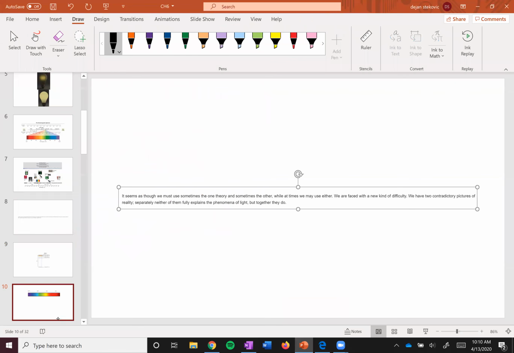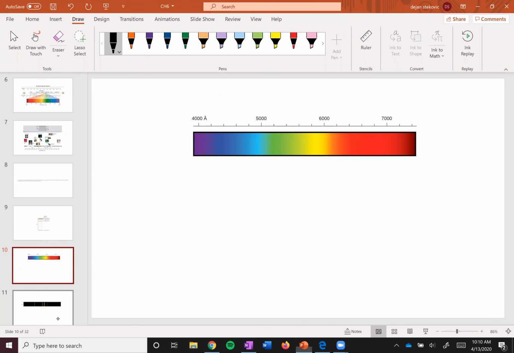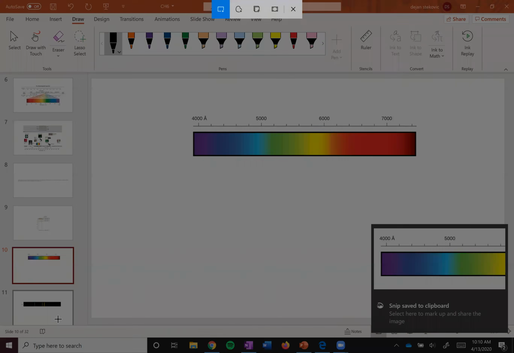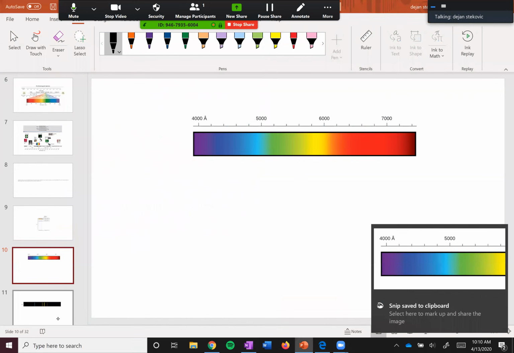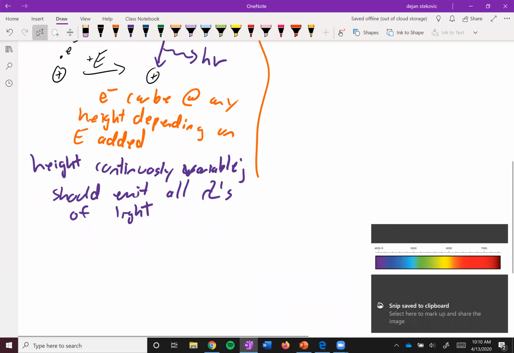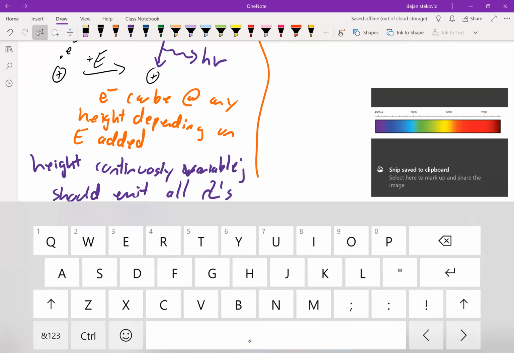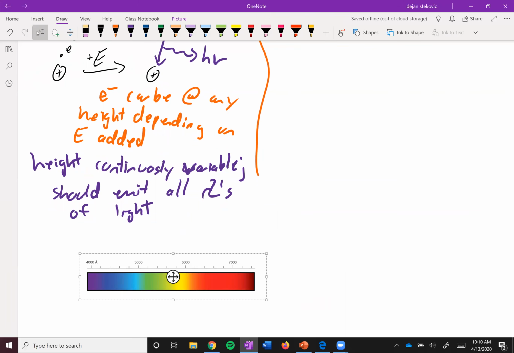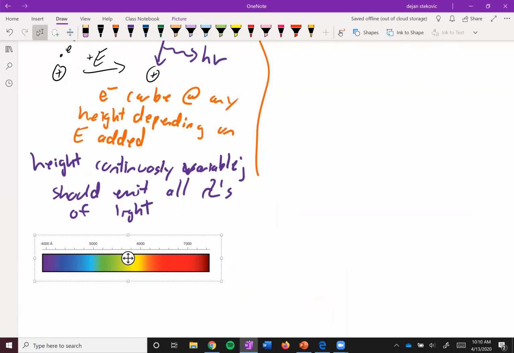And so if you think about what kind of light spectrum you would get, you get all of the different types of light. Right? This atom would be able to emit any type of light that you wanted it to, depending on how much energy you added. And so you could get the full spectrum of light.